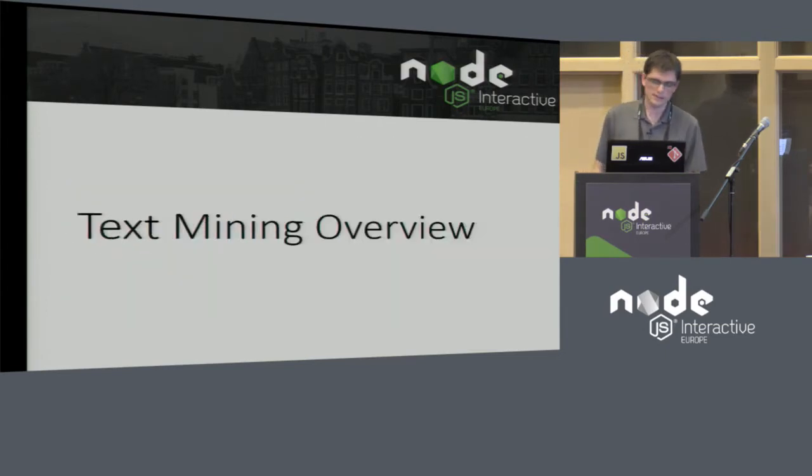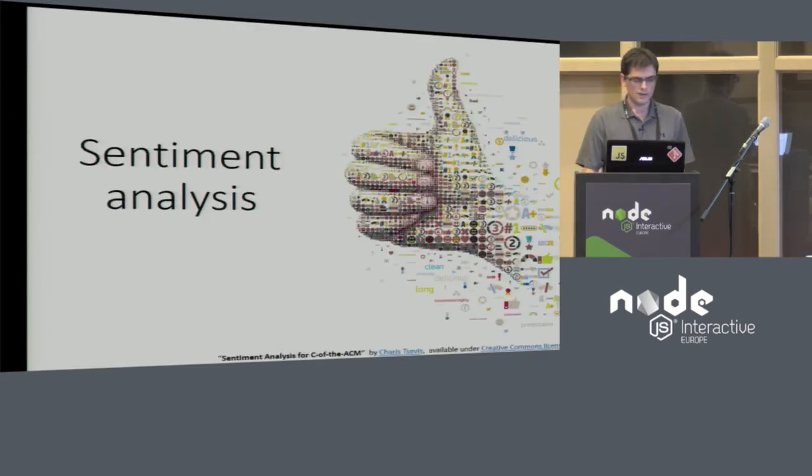So now, instead of giving a full overview of text mining techniques, which would be infeasible given the length of this talk, I will just present two basic applications, two basic techniques, and we will look at how we can implement them in JavaScript. So the first one is sentiment analysis, a pretty basic one.